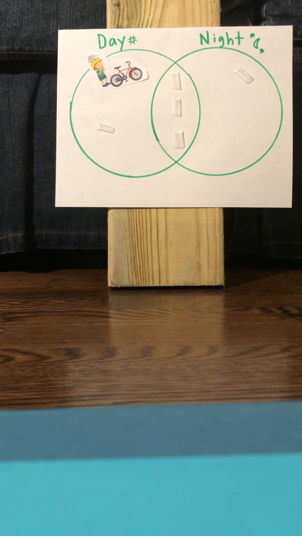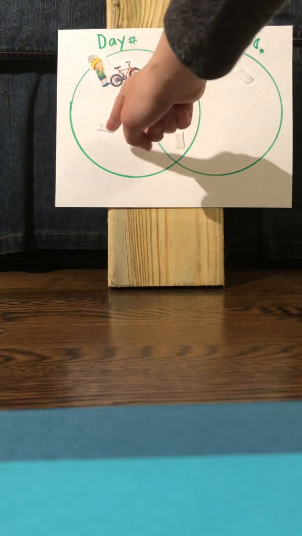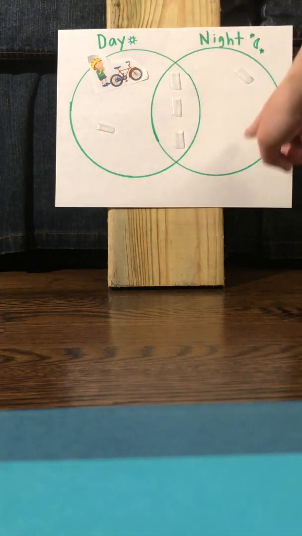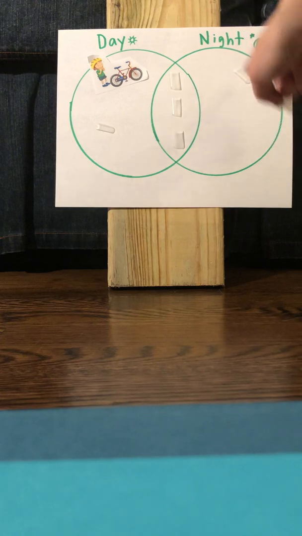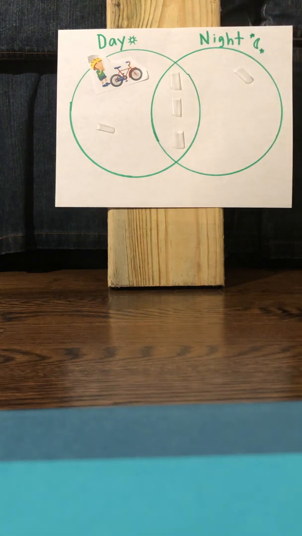No, you're right. It's not safe. We need to make sure we're riding our bikes during the daytime so that we can see where we're going. So you'll notice that I'm going to put my day activities in my day part of the circle. Over here, I'm going to put some things that we might do at nighttime.